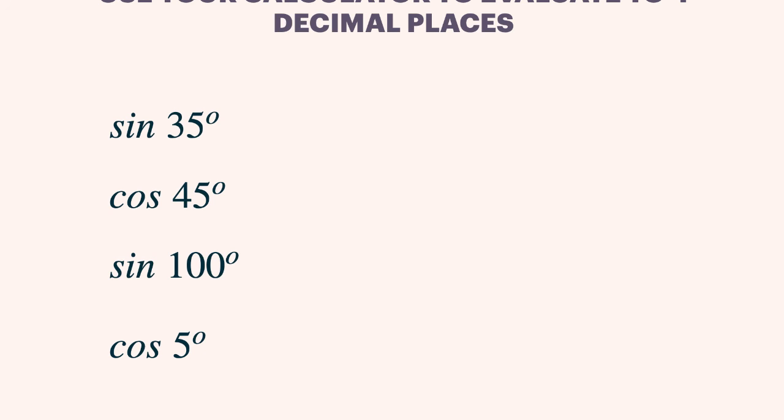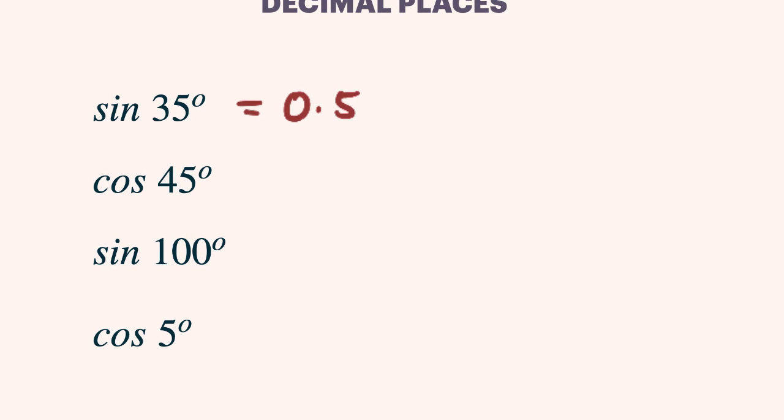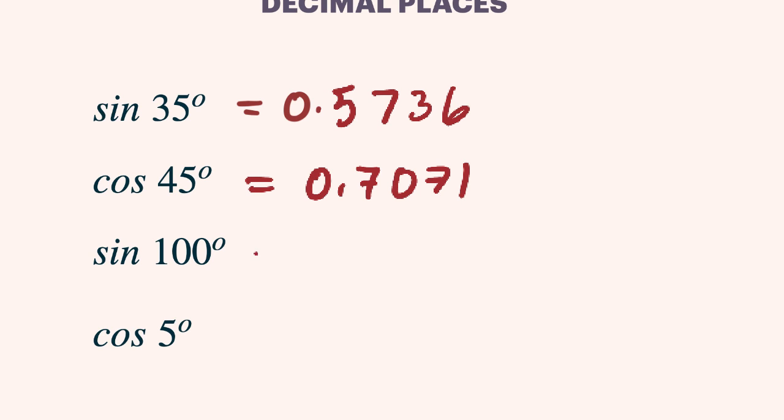These are just more practice problems. Try them on your calculators. I will give you the answers to these, though, so you can test them as well. Sine 35 is 0.57, to how many? 4 decimal places, they say. So let's make sure we do it like we're asked to. 0.5736. Cosine 45 is equal to 0.7071.